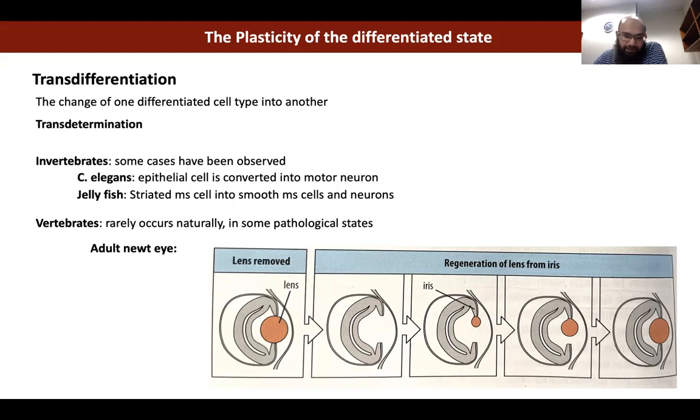And it's not a limited capability either. You can remove this lens as many times as you want, and it has the ability to regenerate it the same way again and again. But the important thing here is that the transdifferentiation occurs to a developmentally related cell type.